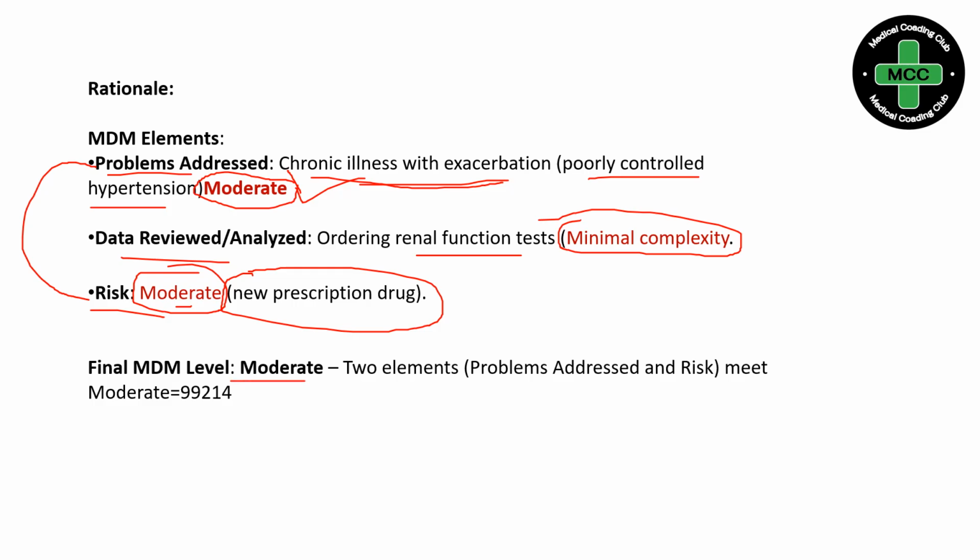Okay, so final MDM level as moderate, patient is established, so for final MDM as moderate, the established patient code is 99214. Okay, 99214 will be the answer for the second practice question. So next we will see a few more examples.